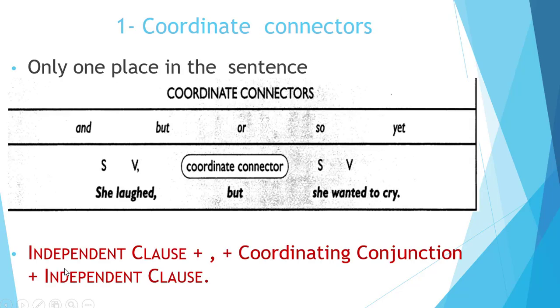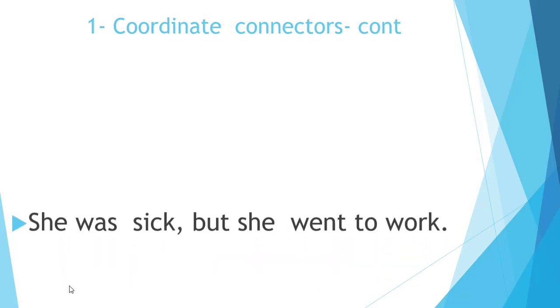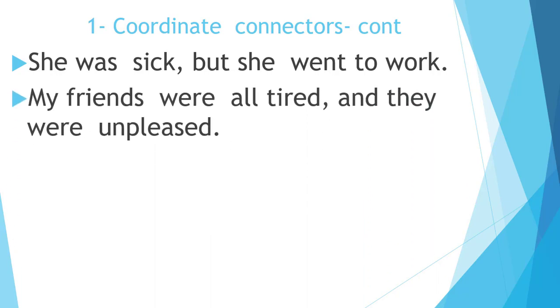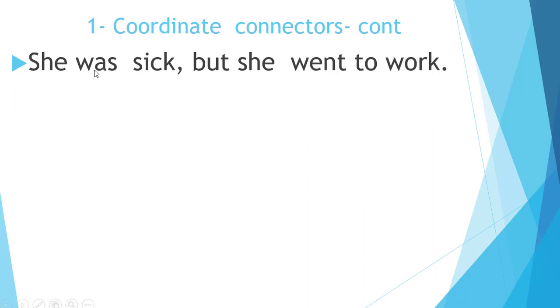Two independent clauses, mind you, okay? So, an example: she was sick. This is the subject, she, and the verb, she was sick, subject verb, comma, but she went to work. She went, another subject and another verb.